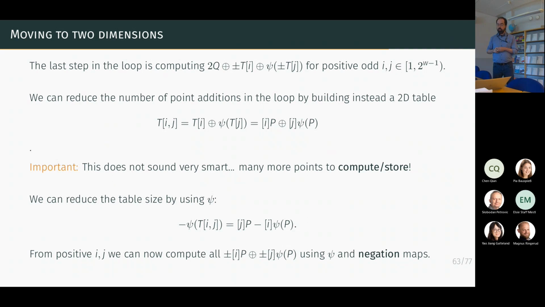So it compresses the table effectively by half. So now we can compute all these small multiples of P and j of the endomorphism, using point addition, the endomorphism, and the negation to negate the points if you need. So we can pick all the positive and negative combinations of small i and j there.